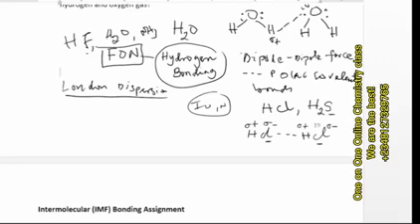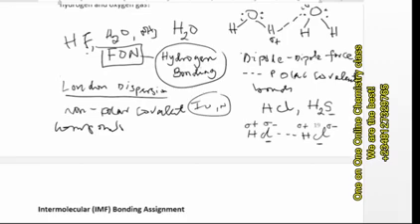The London force is the force of attraction that binds non-polar covalent compounds together. The London dispersion is a weak force of attraction, the weakest force of attraction, that binds non-polar covalent compounds together.